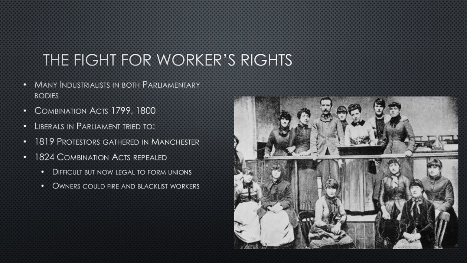So the factory owners have ways to make people not want to join unions or scared to join unions. And there were still other ones, just intimidation as well. Still, unions were formed over time, despite fear and other difficulties. And here we see a group of women and some men that have joined together in 1888.